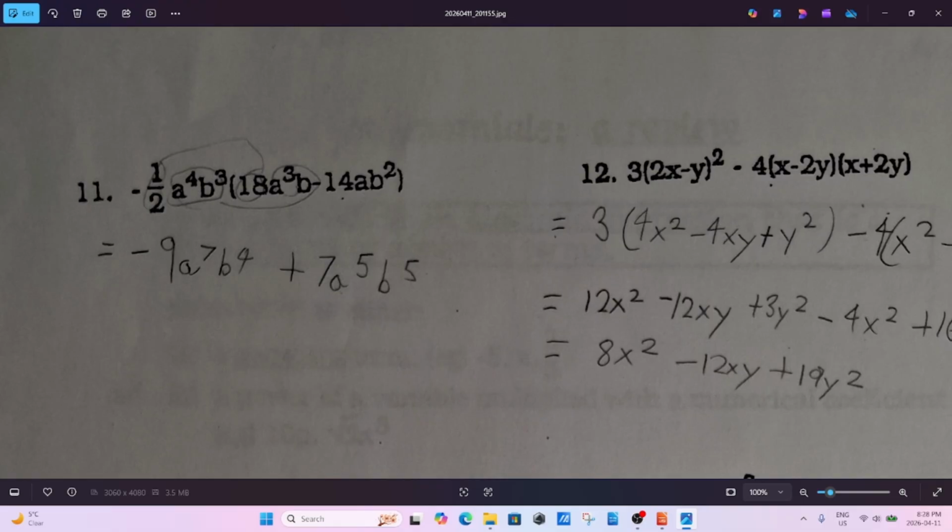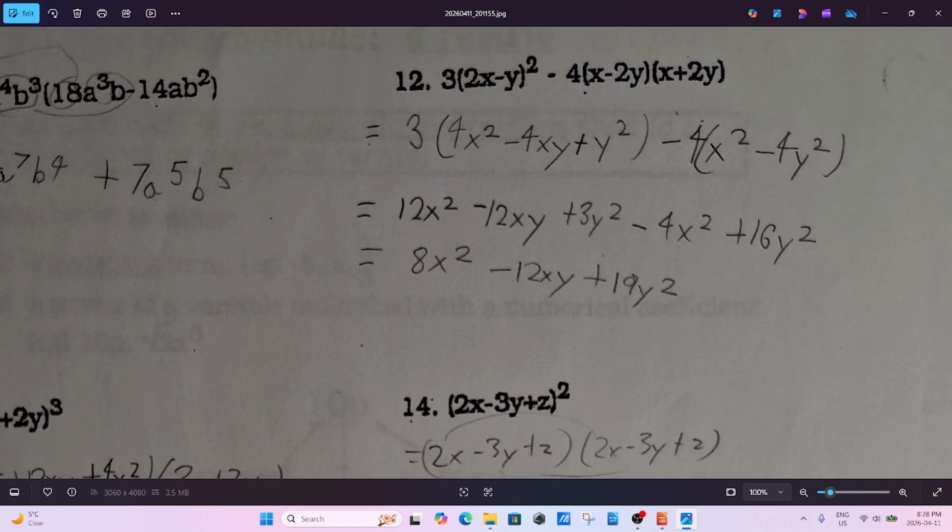And then you have the a to the 4 times a to the 3, you get a to the 7. b to the 3 times b, you get b to the 4. And then plus negative 1/2 times negative 14, which gives you positive 7. And a to the 4 times a gives you a to the 5, b to the 3 times b squared gives you b to the 5.